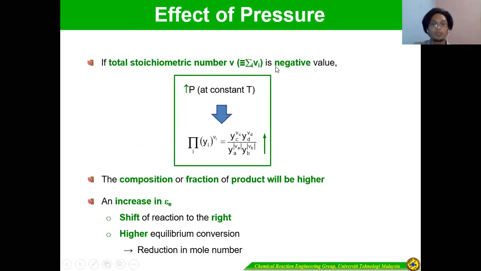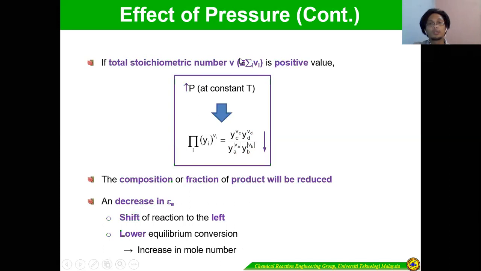So that means when you increase the pressure at constant temperature, the composition also increases. The product will be higher, shift to the right. But if the total stoichiometry number is positive, it is going to shift to the left. This is the effect of pressure, with the stoichiometry. So lower equilibrium conversion.